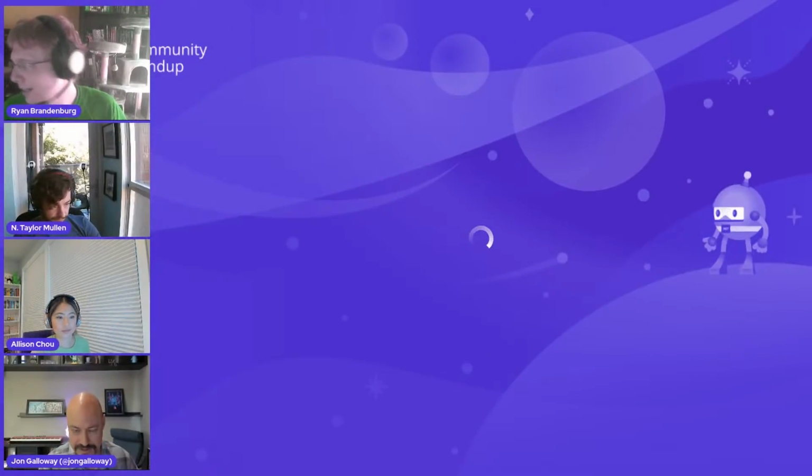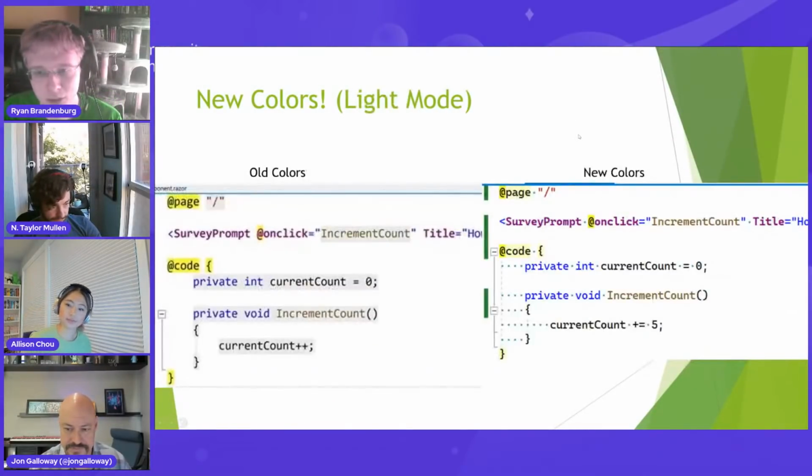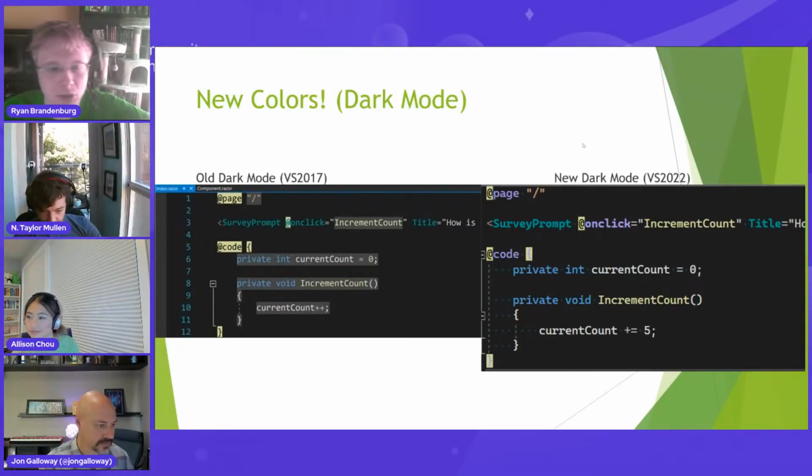So I've talked about it a little bit before, but I've got some more to say about colorization. We have some totally new colors in Razor. On the left side, you can see our old colorization scheme, for some reason with fewer pixels. Don't know how that happened.